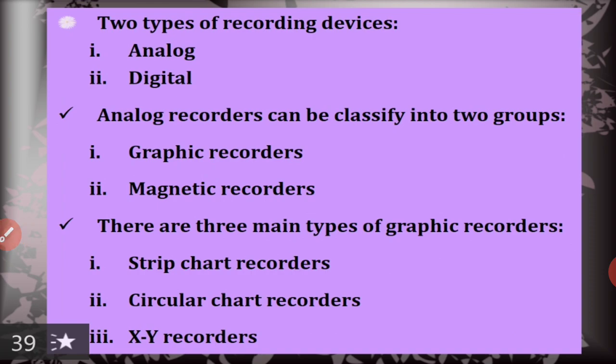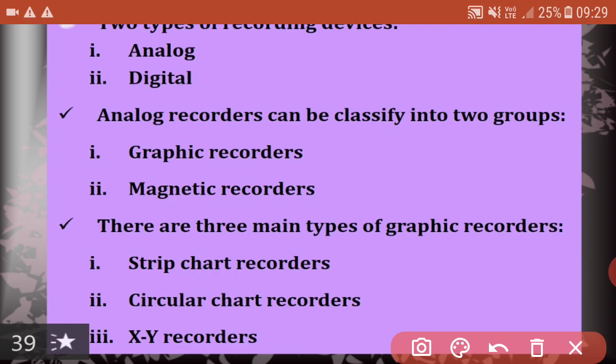Two types of recording devices are there. One is analog type and the second one is digital type. We already know what is analog and digital. Another classification is that analog recorders can be classified into two groups: graphic recorders and magnetic recorders.